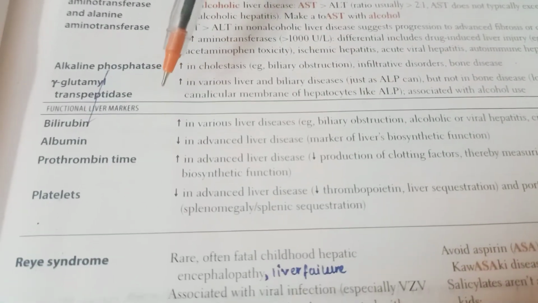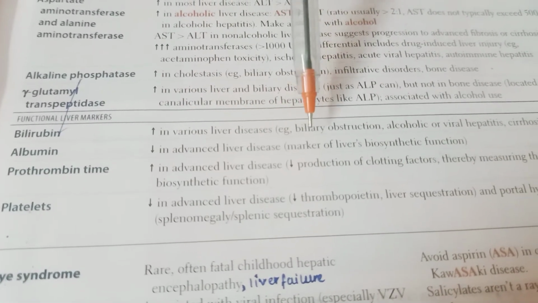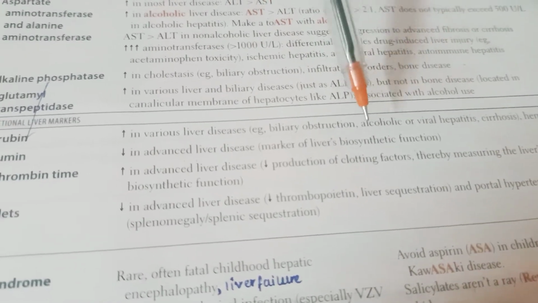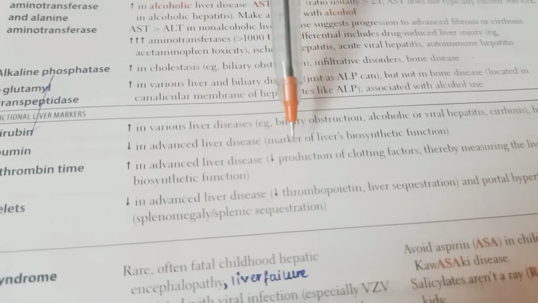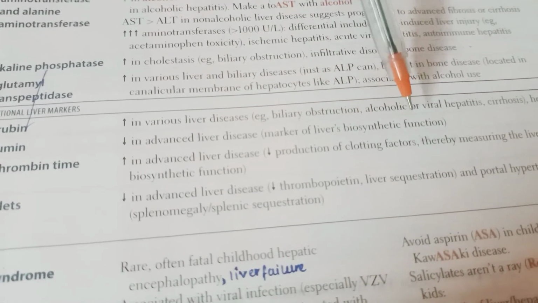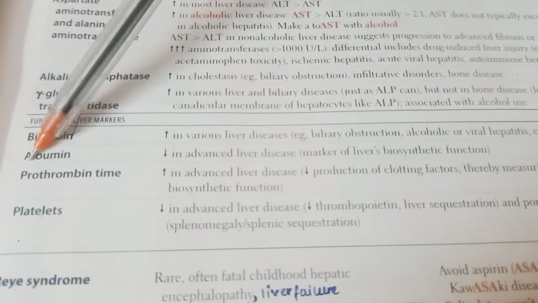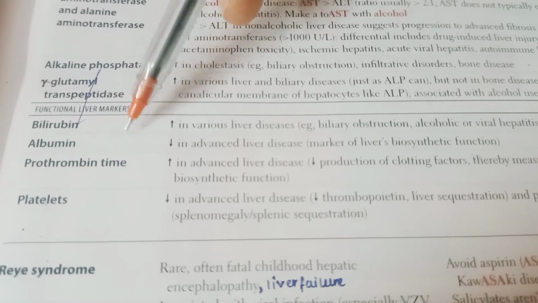Next, functional liver markers. Bilirubin increases in many different liver diseases, especially biliary obstruction, alcoholic hepatitis, viral hepatitis, hemolysis. Albumin is decreased in advanced liver disease. It's a marker of the liver's biosynthetic function. If the liver is cirrhotic or damaged, then it can't produce albumin, because albumin is naturally produced by the liver.